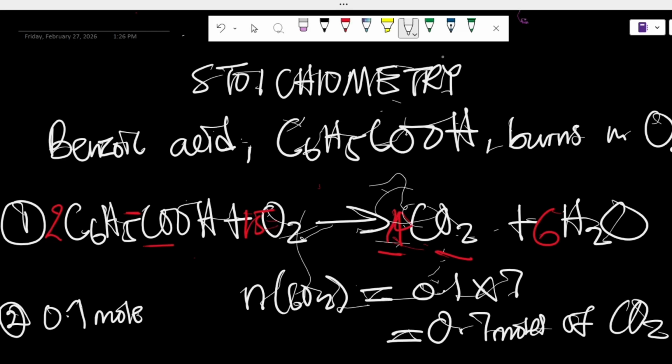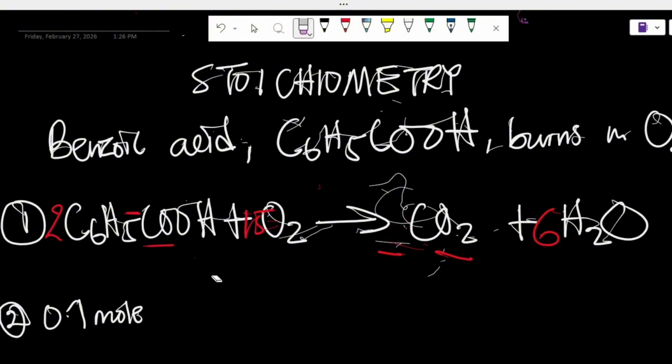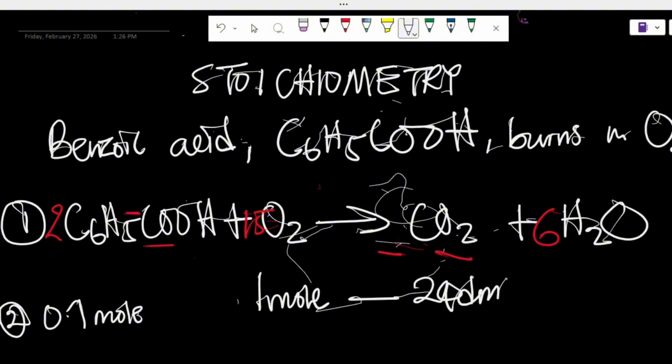Now, to find the volume of carbon dioxide, notice that it says that this is at room temperature and pressure. So this means that when you go by that same principle, 1 mole is equal to 24 decimeter cubed, because remember we are finding the volume. So 0.7 moles is going to give us how much of the volume? So this is going to be 0.7 by 24.